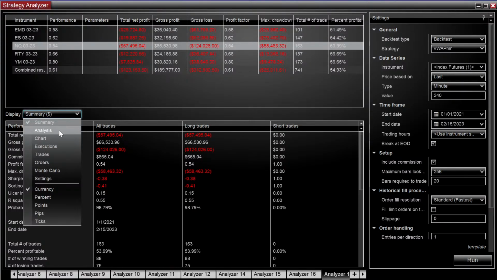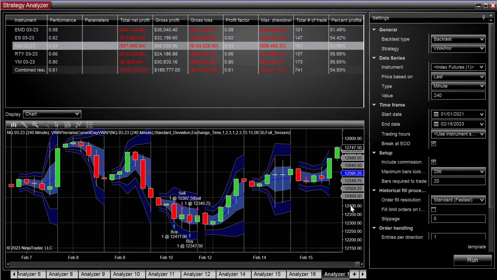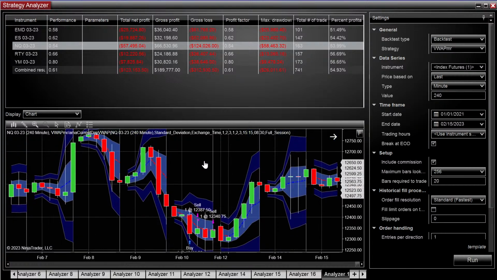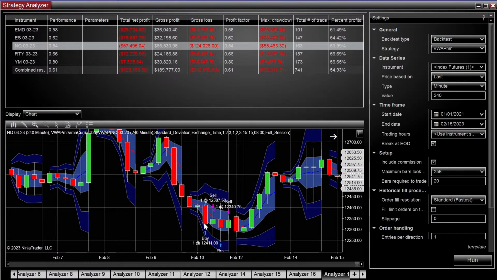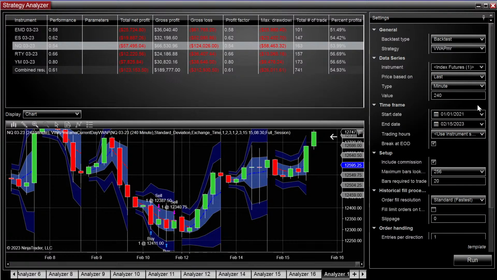Let's do the NQ. So pretty awkward here on the 4-hour chart. There's not very many bars on the 4-hour. Let's go down to the 120.